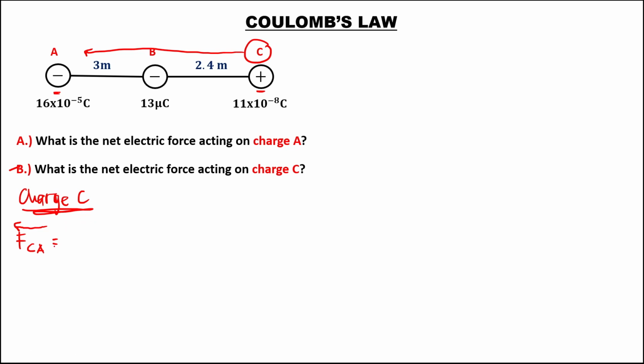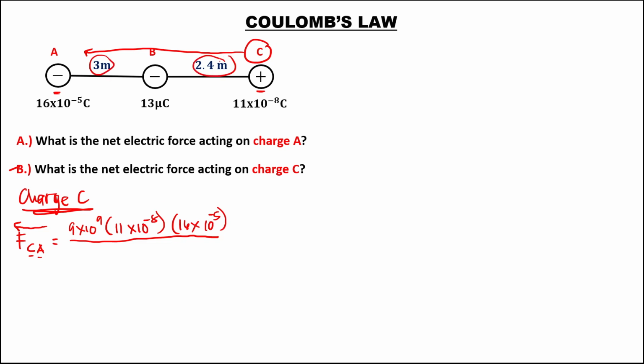Then to find out the force, we have the Coulomb's constant. This is 9 times 10 to the power 9, then times C. C is 11 times 10 to the power negative 8, then times A. A is 16 times 10 to the power negative 5, and the distance.